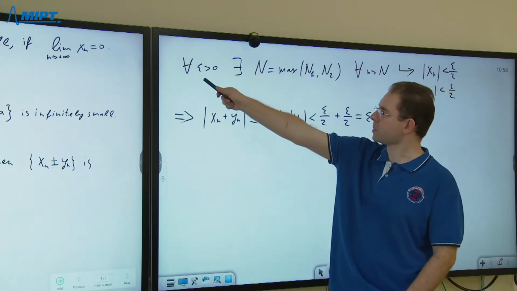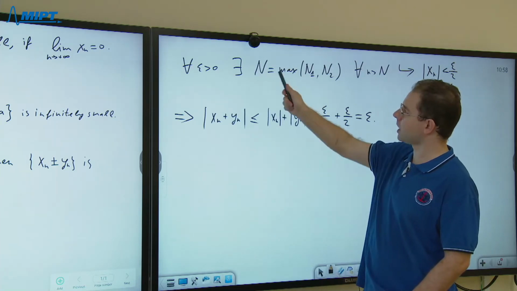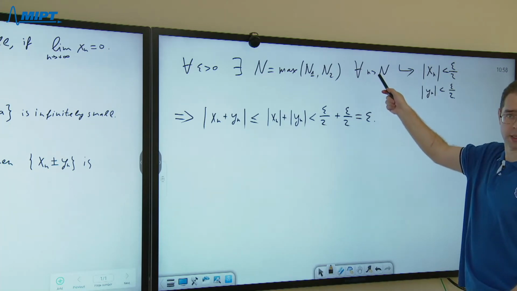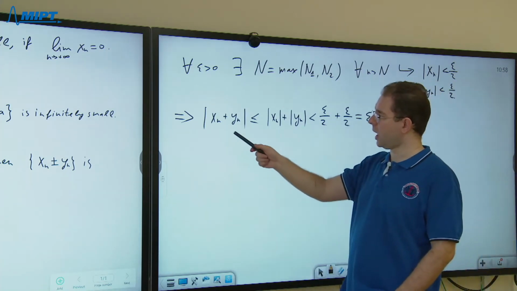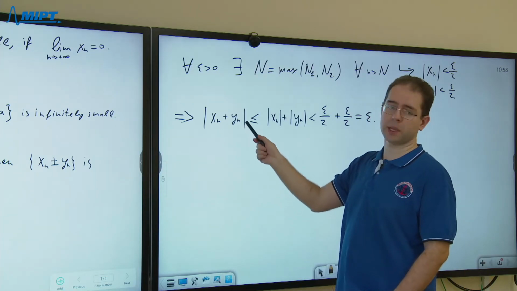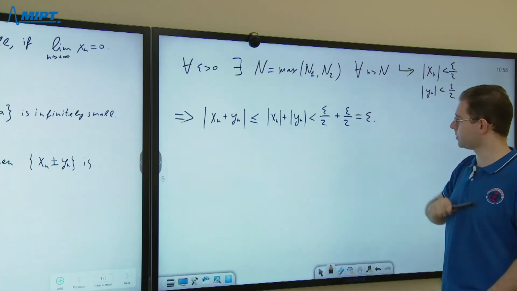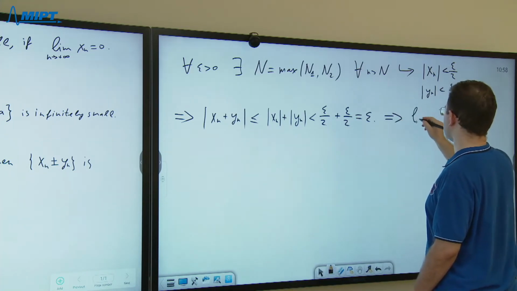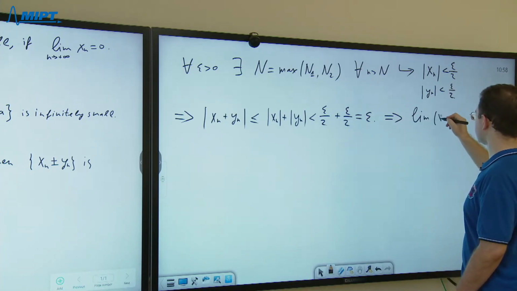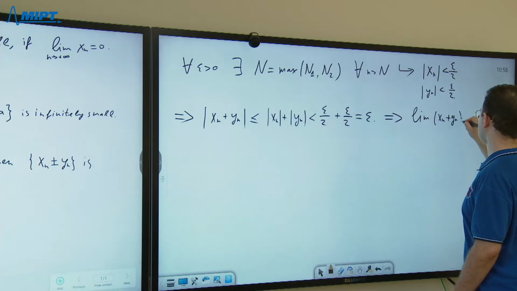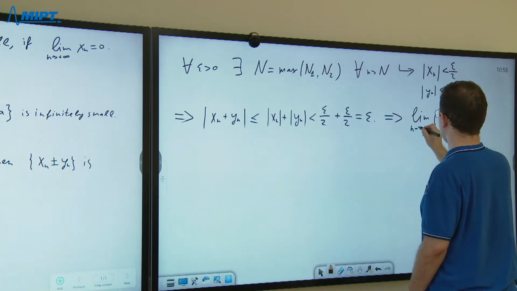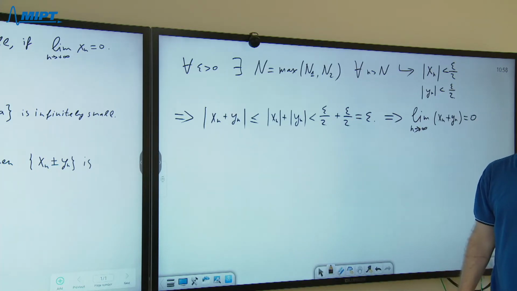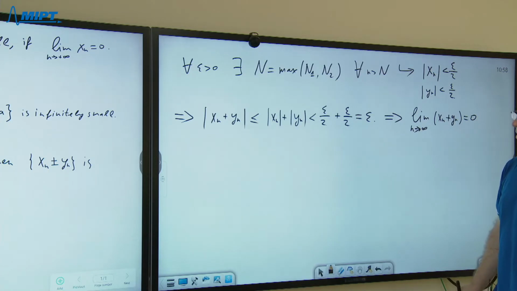So, for any epsilon, I found a number capital N such that starting from this number, elements of the sequence xn plus yn are less than epsilon in absolute value. This, of course, means that the limit of xn plus yn equals 0 as n tends to infinity, which means that this sequence is infinitely small.